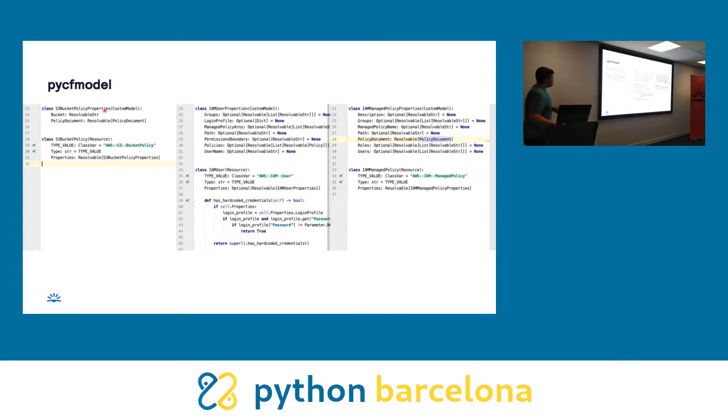We have a resource that does the validation, and here we can also see the recursive validation that Pydantic does. In almost all the resources in AWS there is a field called properties. These properties that we define on top of each class are another Pydantic class, and we can perform validations there.